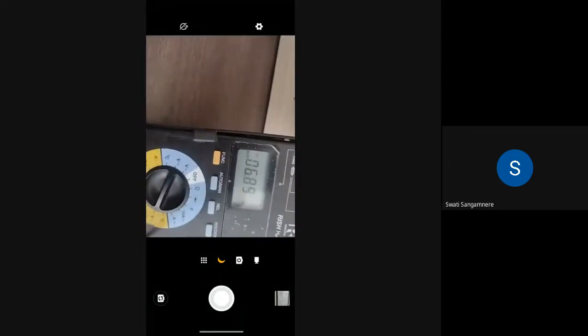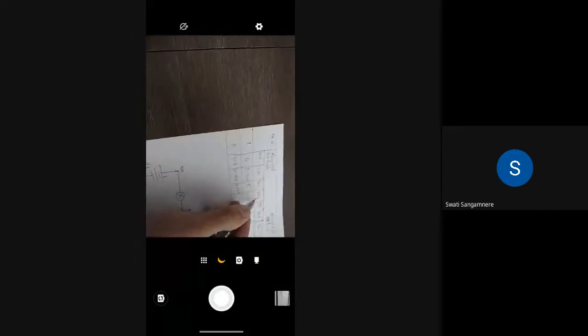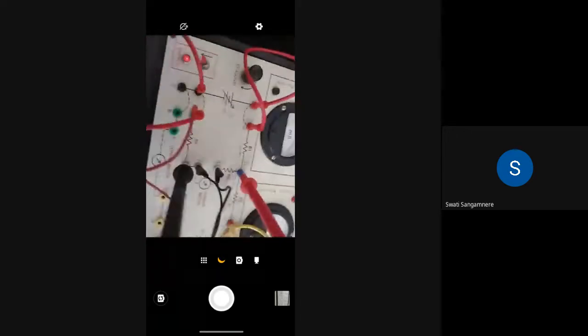See, the value of node VB is 6.88. So you can write down 6.88. Then measure the value of VRC, that is the voltage across this R3 resistance.